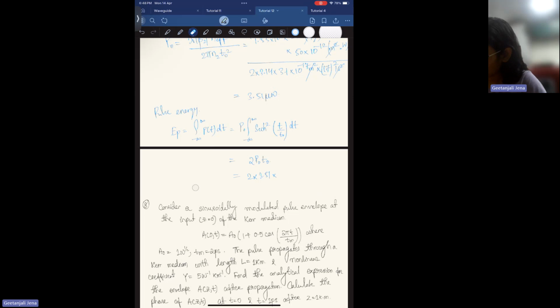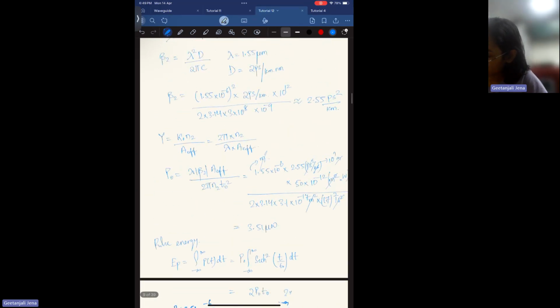Let's see. Okay, so if we write it here, 2 into P0, it's 3.51 into 10 to the minus 6, and T0, we have calculated it.